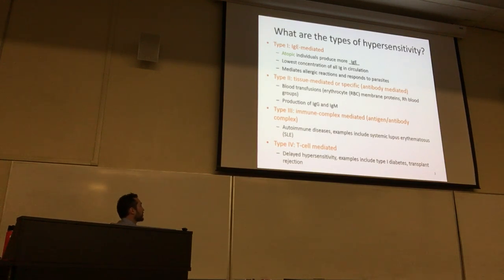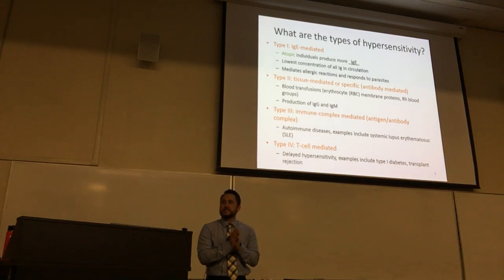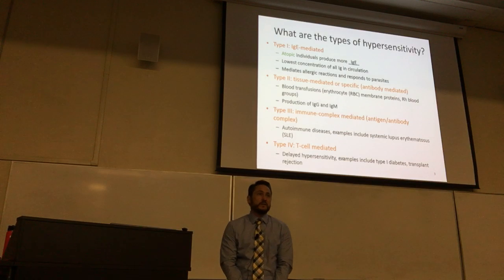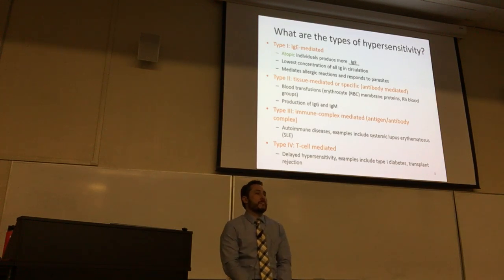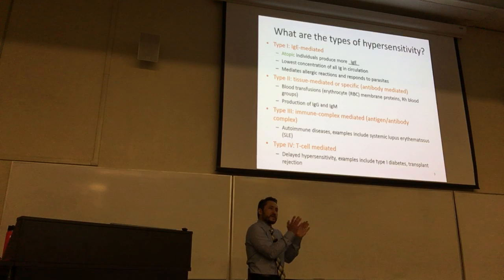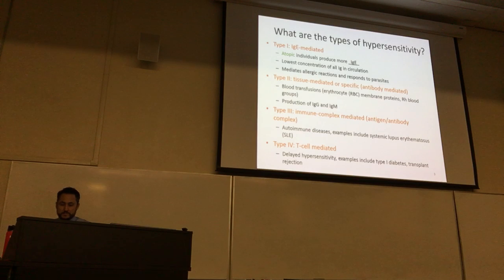And then type 4, the last one, is very different than the first 3 because it's T-cell mediated. The first three involve B cells, antibody mediated. And then in type 4, it's T cell mediated. Now in some examples, we actually might see antibody production. But if we see antibody production, it's usually not without a T cell response.